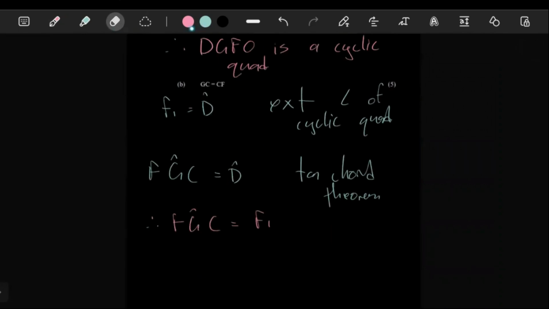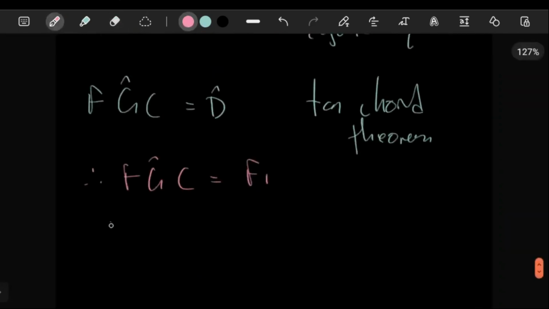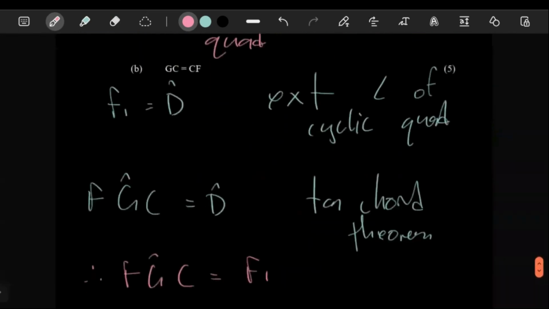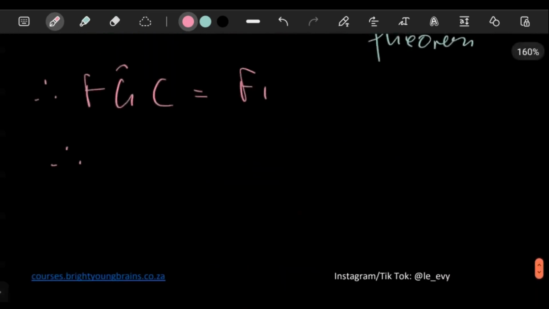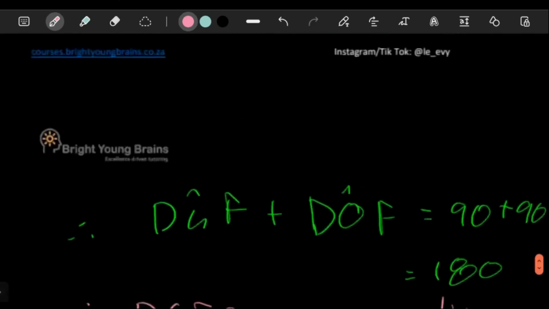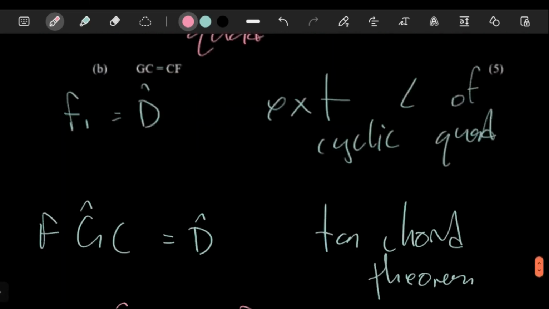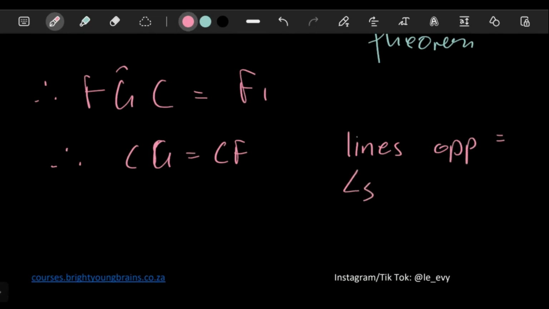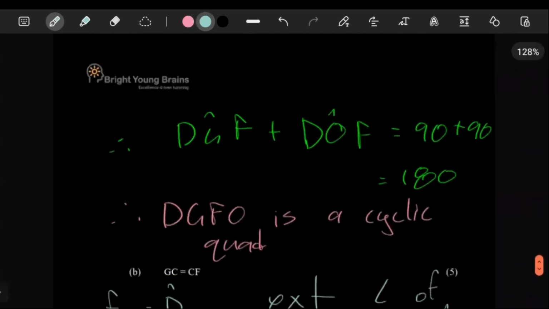With that being stated, we can now say therefore CG is equal to CF because those are lines opposite equal angles. CG is equal to CF. The reason is lines opposite equal angles. And that will give you your 5 marks.